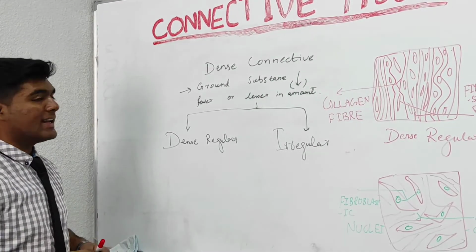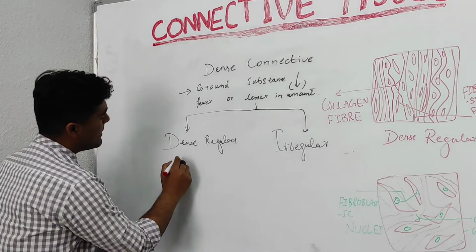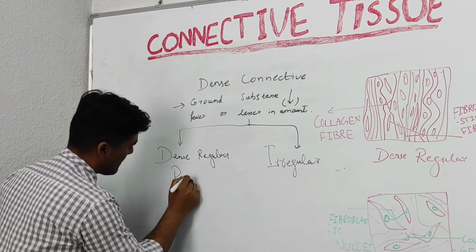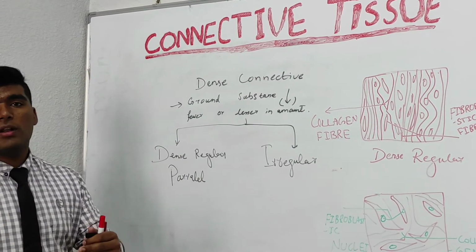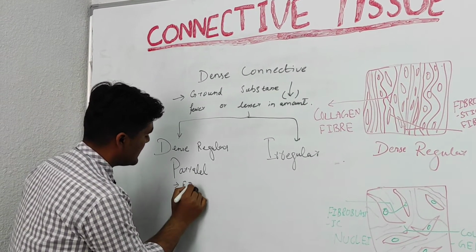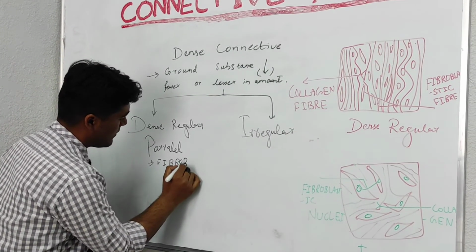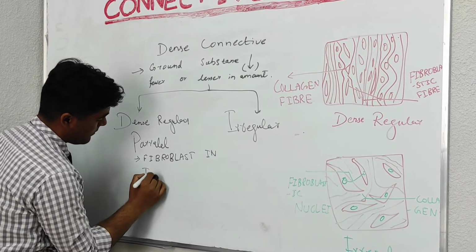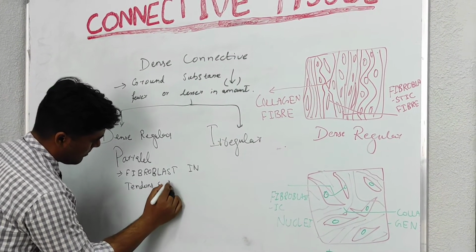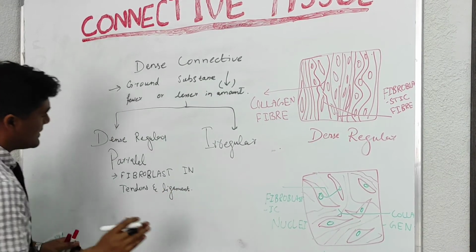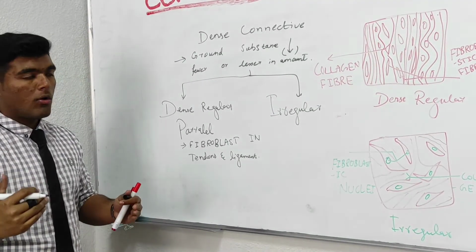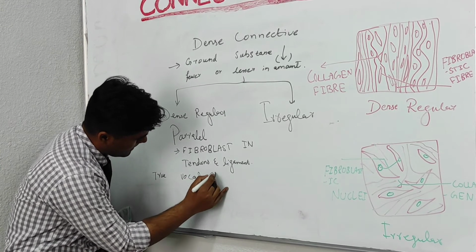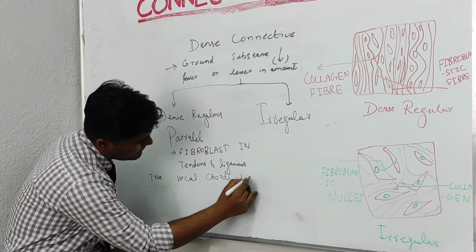First of all, talking about dense regular connective tissue. Here the fibers are arranged parallel, and the fibroblasts are the cells, in the form of tendons and ligaments. Examples of dense regular connective tissue are the true vocal cord plus the ligamentum flavum.